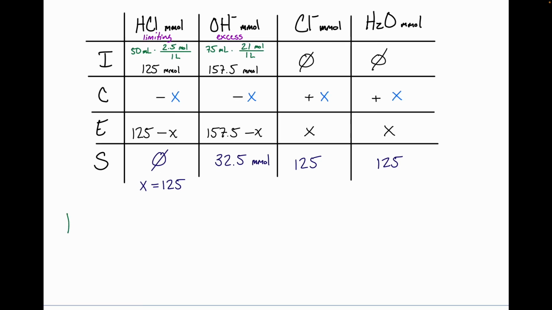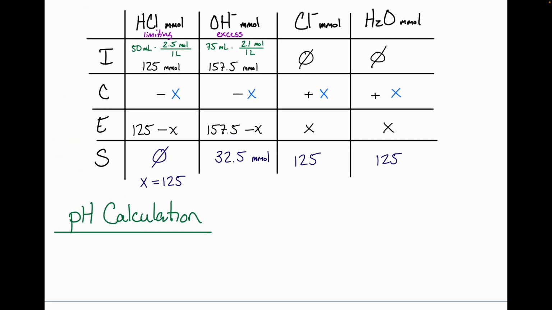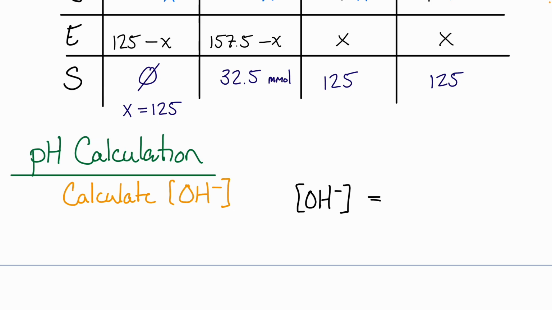And now we get to our pH calculation. All right, but just like before, because titrations are a pain and we had to convert to millimoles, that means before we can do any pH calculations, we're going to have to calculate, in this case, not hydronium but hydroxide concentration, using that definition of concentration as moles over liters.